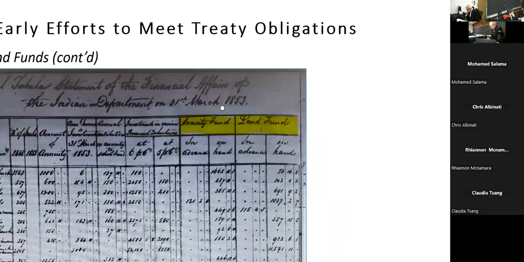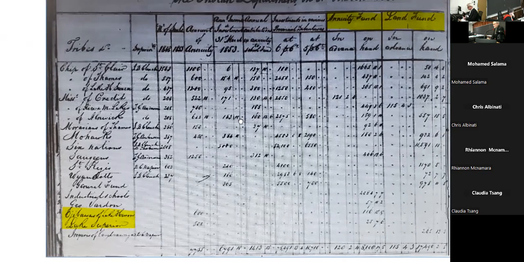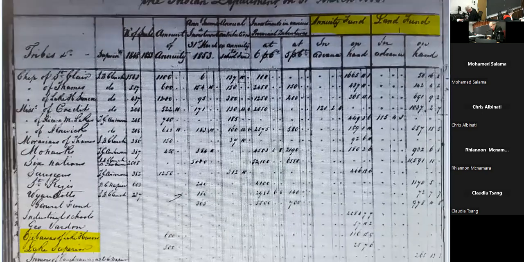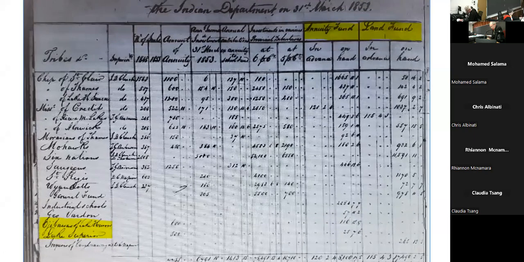Some of them you recognize from the previous slide showing the 1851 printed Receiver General document, slide 7, like the Chippewas, the Mississaugas of the Credit, the Moravians of the Thames, the Mohawks, the Saugeens.